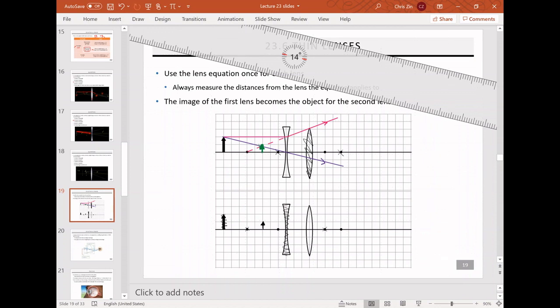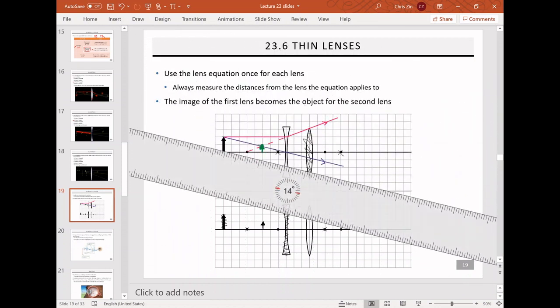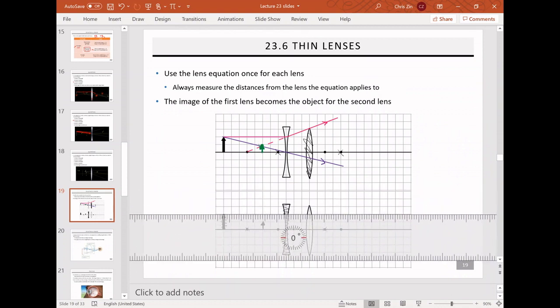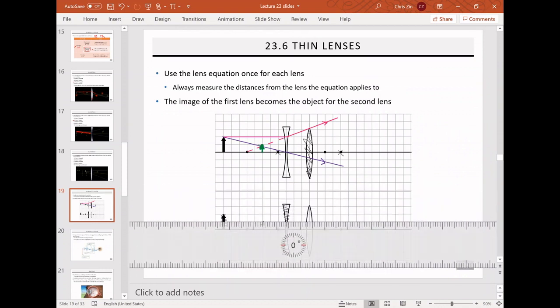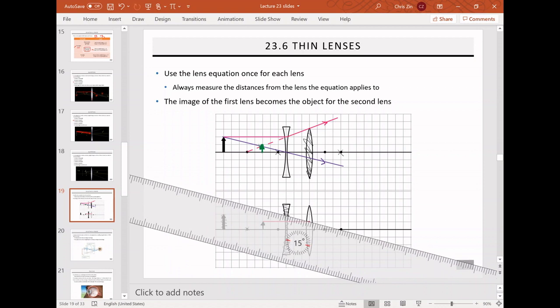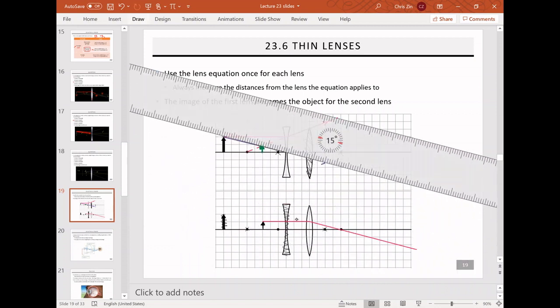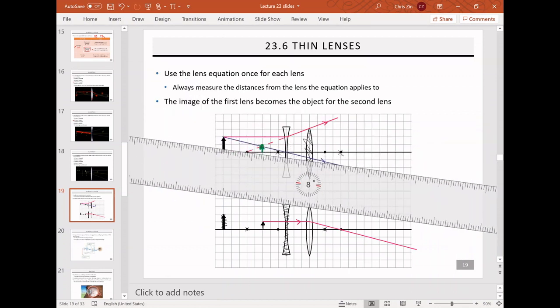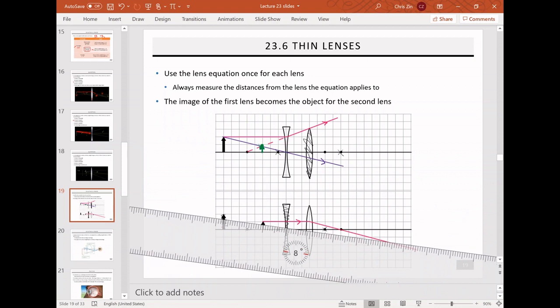So now I just do the single lens ray diagram for the converging lens. I start with the horizontal ray that hits the lens and it refracts through the focal point. That is the first easy to draw ray. The second is, again, the third easy to draw ray.